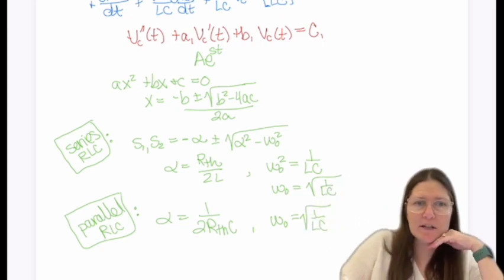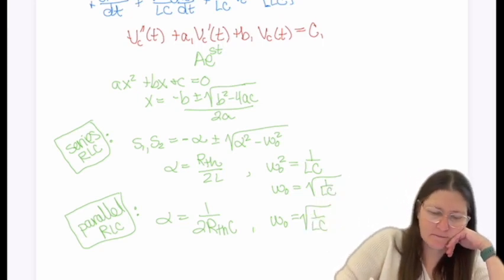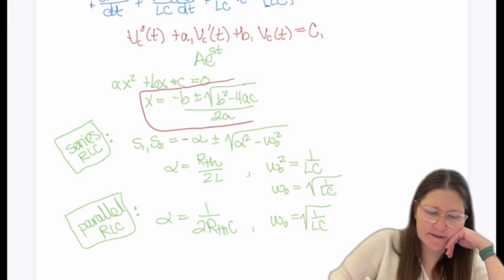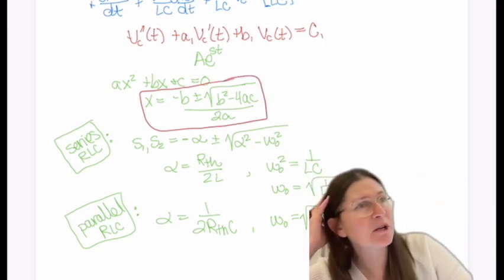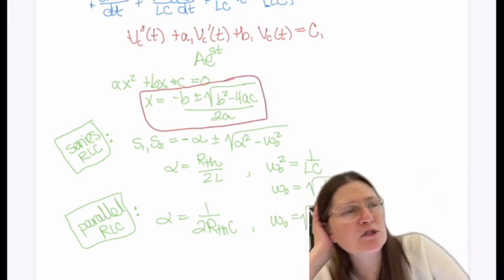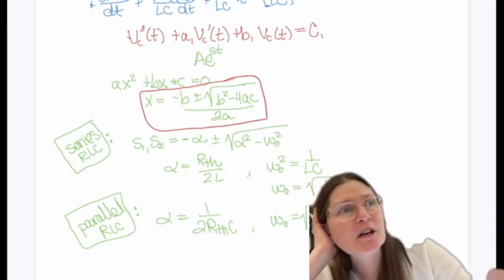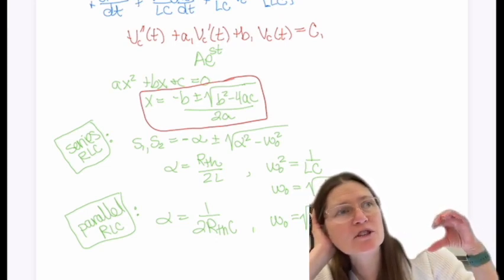From there, you get, you know, x is equal to minus b plus or minus the square root of b squared minus 4ac, over 2a. Based on that b squared minus 4ac value, if it's going to be less than 0, it's going to be imaginary, right? And so you're going to get some oscillations. And so that gives you the characteristic.